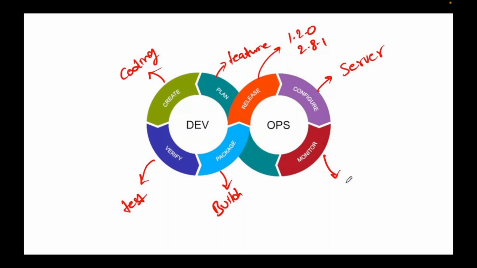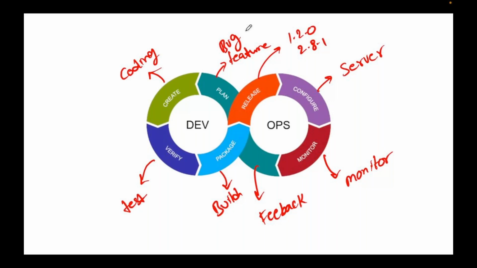If something goes wrong, they will send continuous feedback to the team, and based on that feedback, they will again add their feature or fix the bugs and so on. Again, this infinite cycle will keep rotating, going on infinite times.